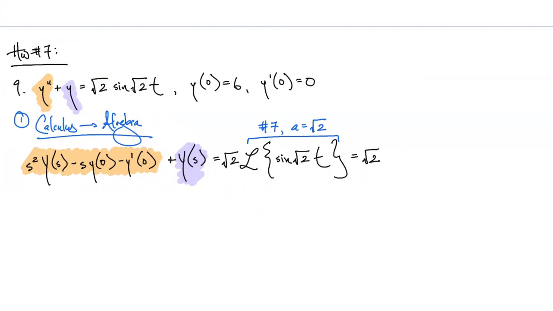All right, so root 2 times, this is sine, so I need the a on the top, root 2 over s squared plus a squared, which is square root of 2 squared. We can certainly clean that up a lot and we'll end up with 2 over s squared plus 2.